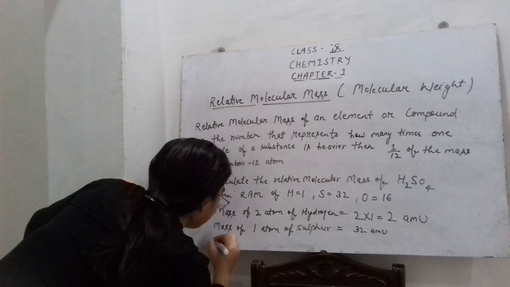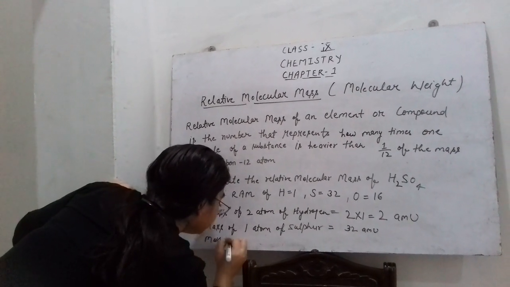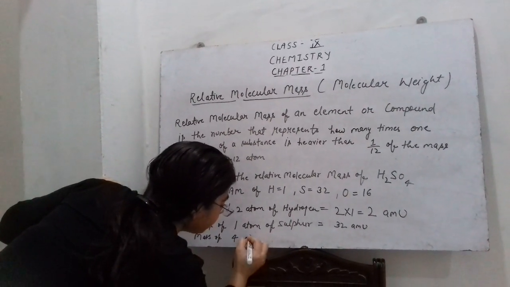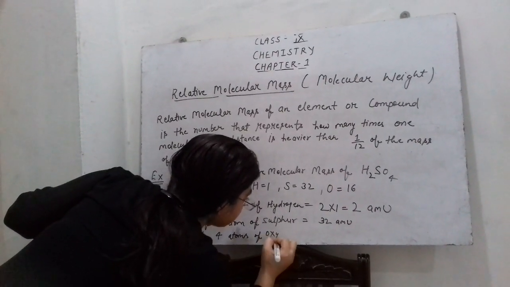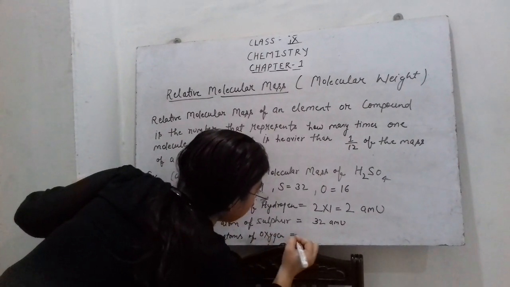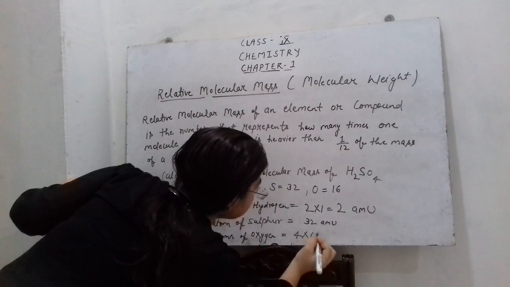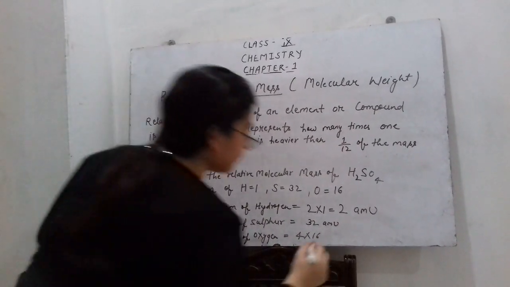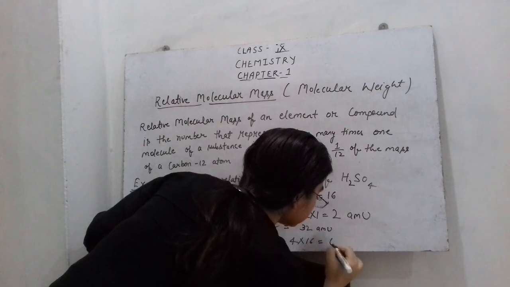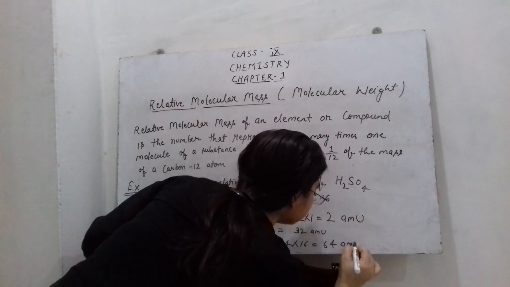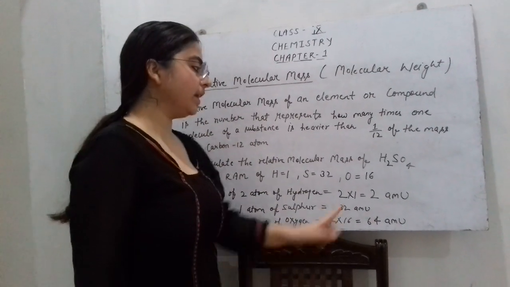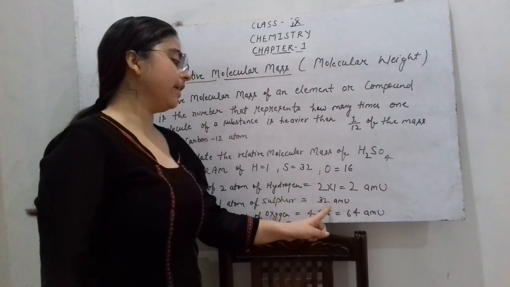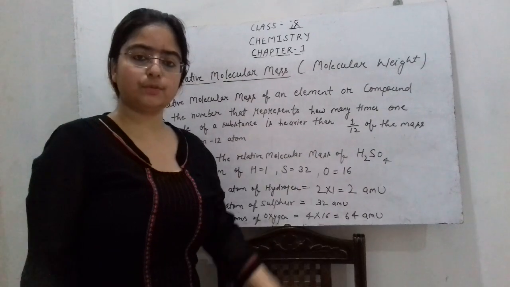Therefore, the mass of 4 atoms of oxygen will be 4 into 16, 64 AMU.